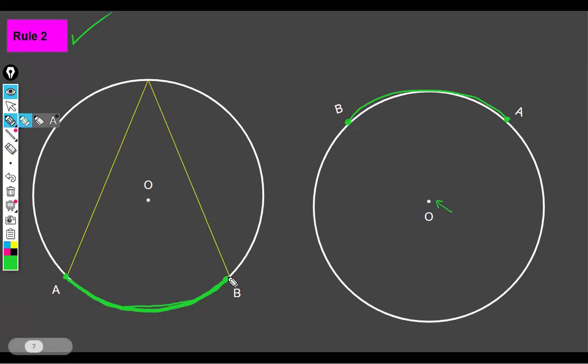Everyone do that for me. This here is your arc. It starts at point A. It hits the circumference as normal, just like in rule 1, and it bounces back to the end of the arc, point B. Make sure it touches the circumference. It has to bounce on the circumference.